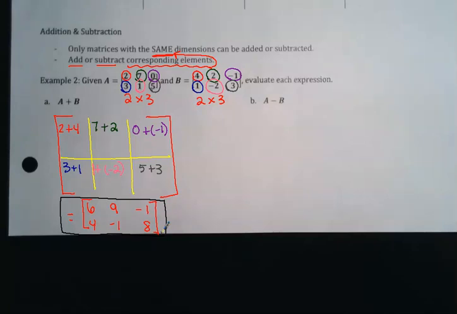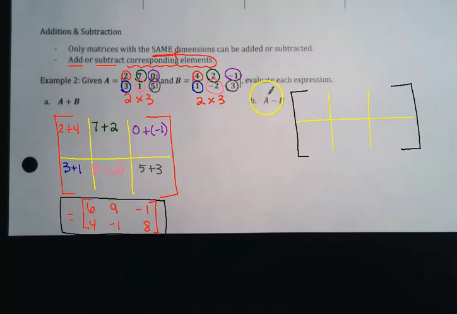So let's look at B. Okay, so we're going to do the same thing. And I'm going to go ahead and kind of grid it out again so we see all the spaces a little bit. Hopefully that helps. And we're just going to go in the same order, but this time we're doing A minus B. Also notice that order matters.